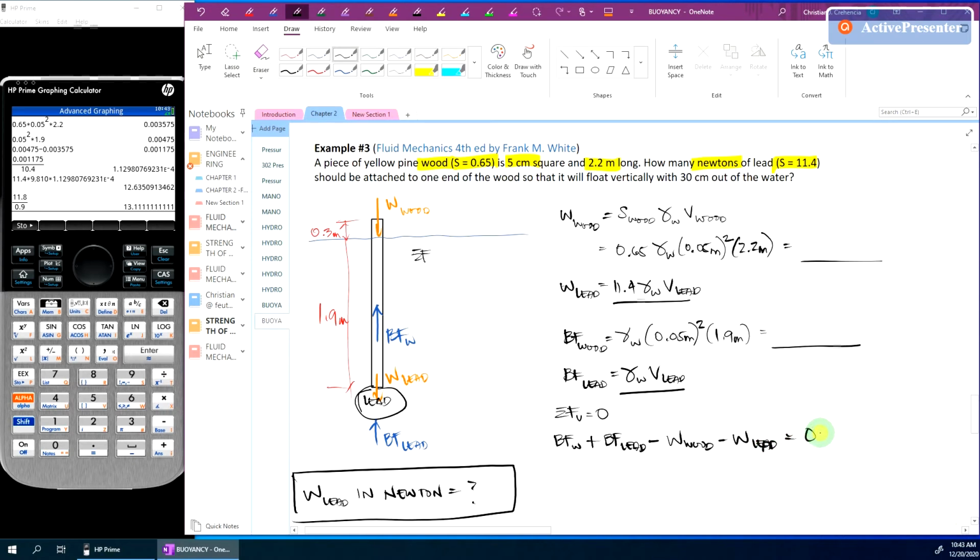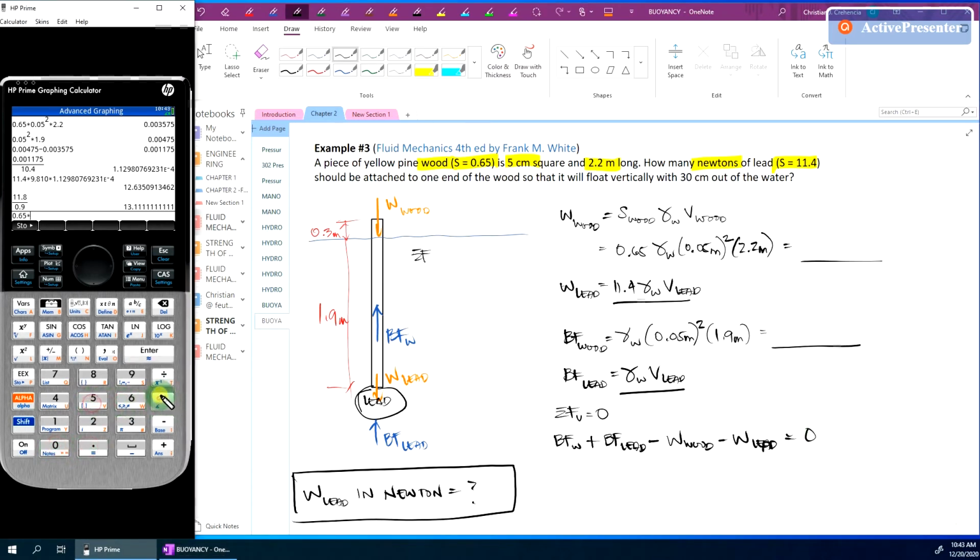Okay, so yung buoyant force ng wood, hindi pa pala natin nasa-solve, no? Solve muna natin. So, 0.65 times 0.05 square times 2.2. Okay, and then yung sa wood naman is buoyant force ng wood 0.05 square times 1.9 meters.